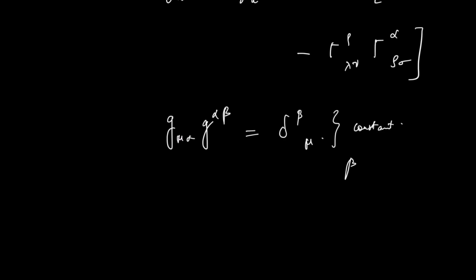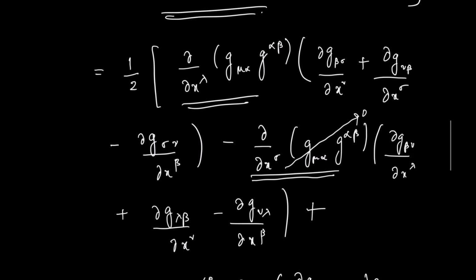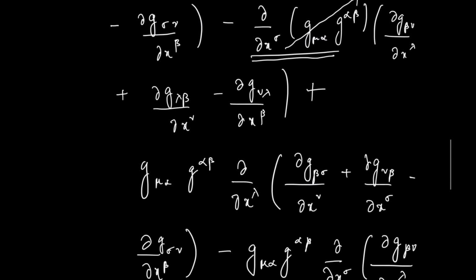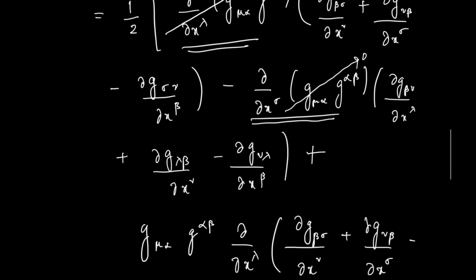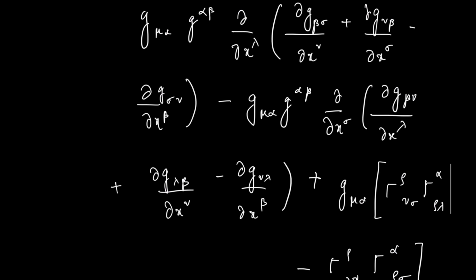When beta equals mu, it will be unity. So the partial derivative of a constant will be 0. Similarly, here also the partial derivative of a constant will be 0. So all those terms will vanish.